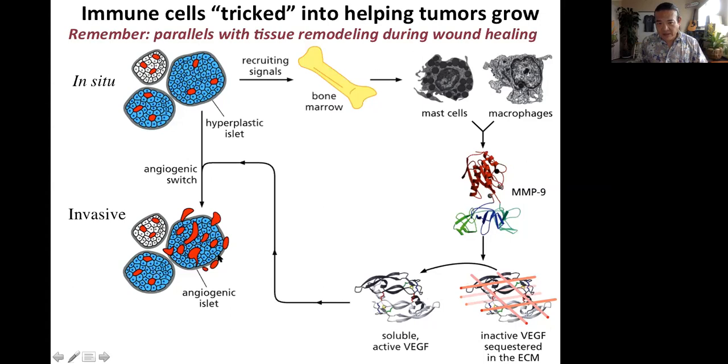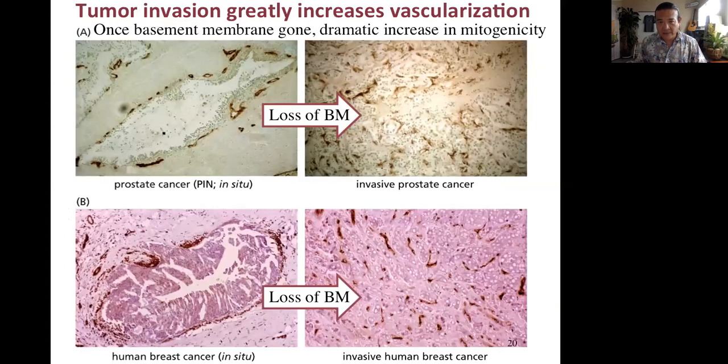The basement membrane dissolves, these VEGF signals suddenly go up in level enormously to attract surrounding capillaries to start growing. And now these transformed cells have successfully undergone the angiogenic switch, because now they have the opportunity to physically move out from the limitations of the basement membrane, and they're being supplied with the oxygen that they need because of all the capillaries that are now growing.